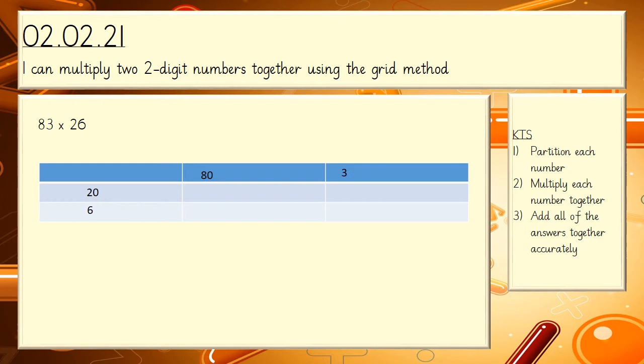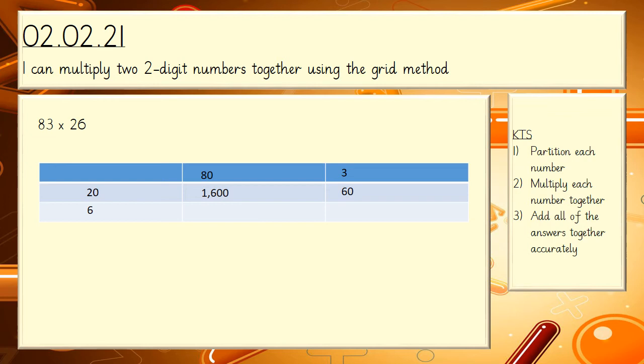Now multiply 20 and 80 together. Remember to do 2 times 8, and then with the 2 extra zeros, what would you get? You'd get 1,600. What would you get when you multiply 20 by 3? You'd get 60.